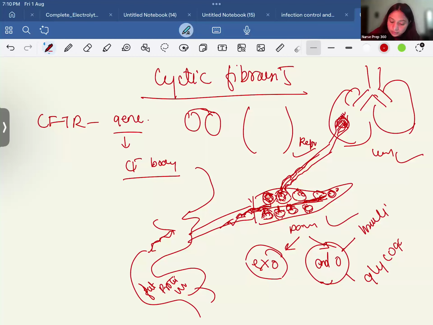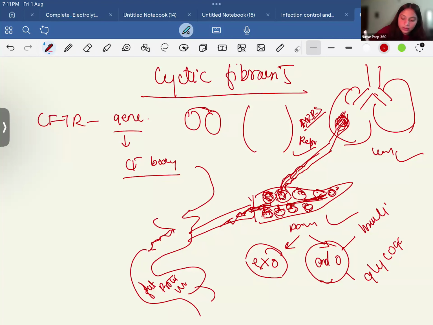Apart from this, there's one more thing it is going to do. Now understand what exactly is happening in your lungs.